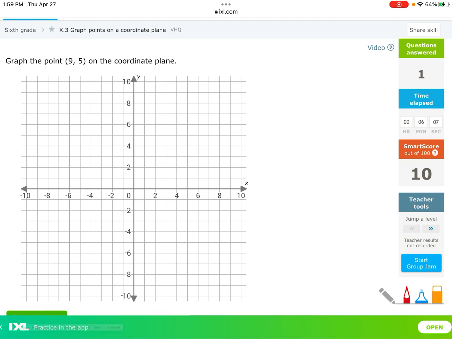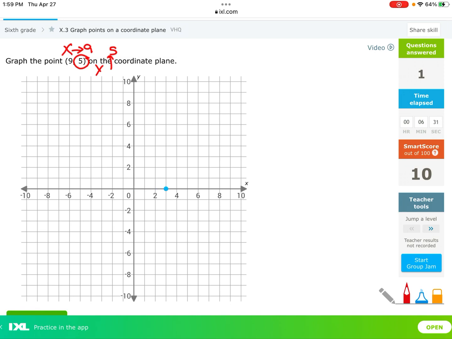So I'm going to graph the point 9, 5. 9 is my X, so I'm going to go across to the number 9. 5 is my Y, so I'm going to go up 5 from that point. If I'm doing this on this grid, I'm always starting at 0, 0.